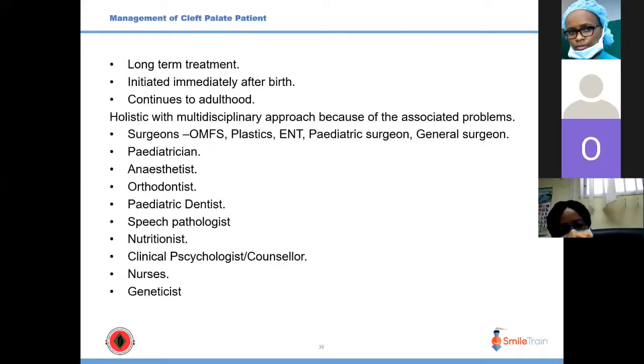Management of cleft patients. The management of cleft patients is a long-term treatment that starts immediately after birth. As I have said, the baby needs to feed.